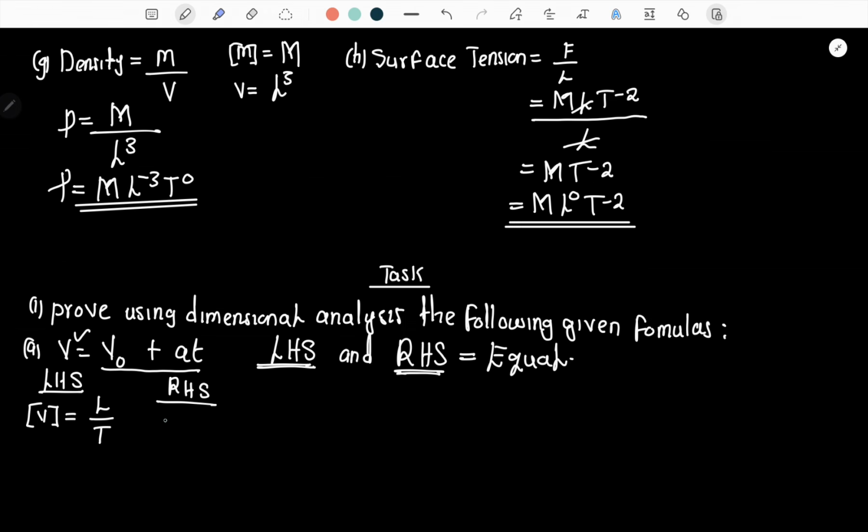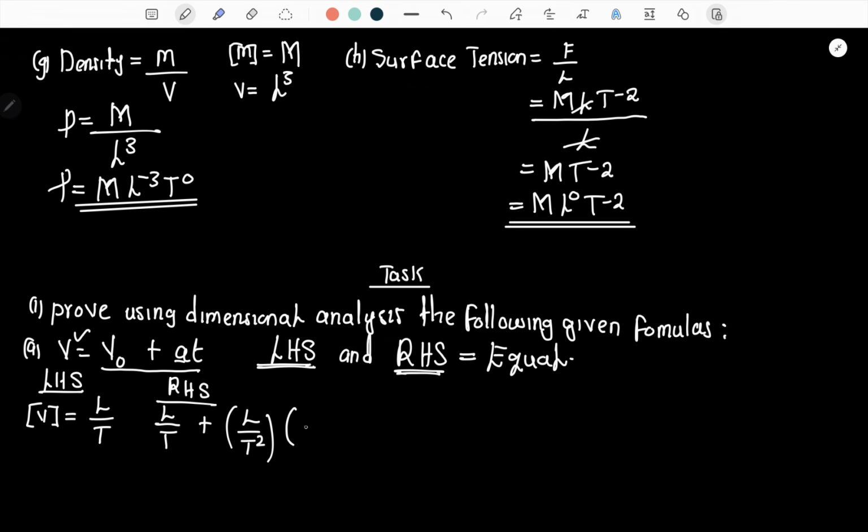Velocity initial is going to be L over T plus, what are the dimensions of acceleration? Acceleration is simply L over T power 2. Acceleration and gravitational field force have the same dimensions.